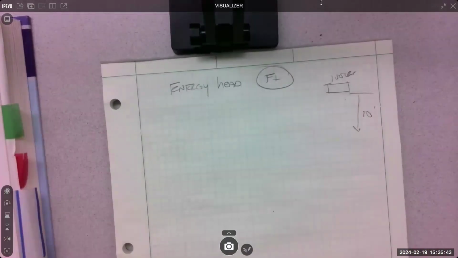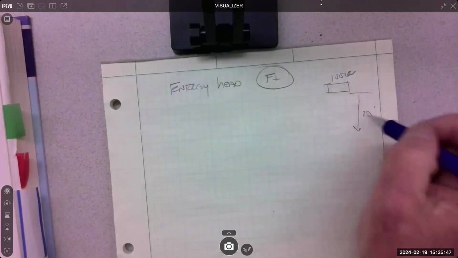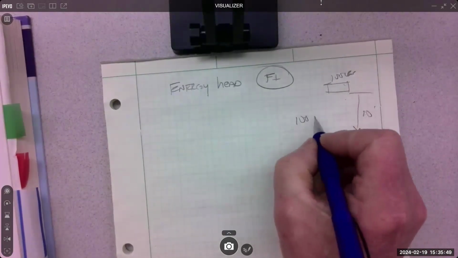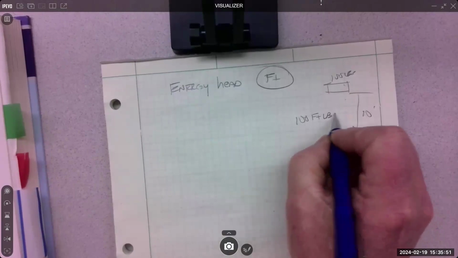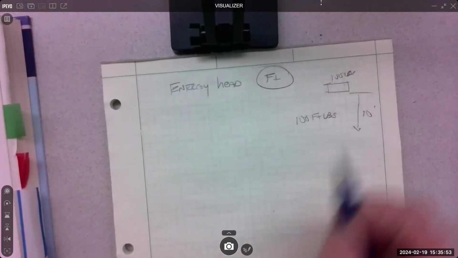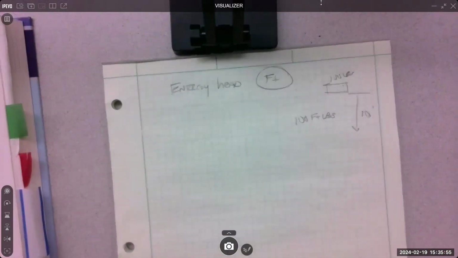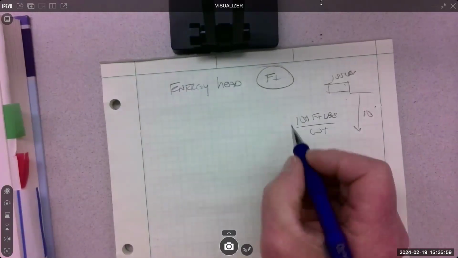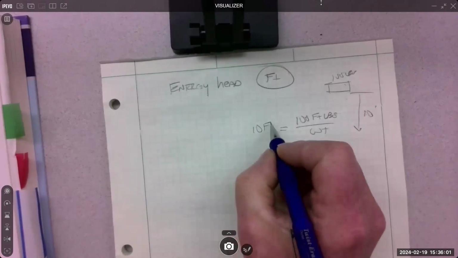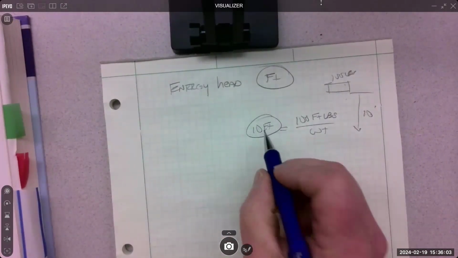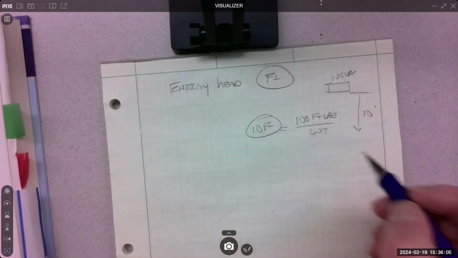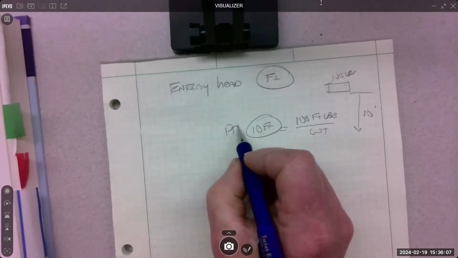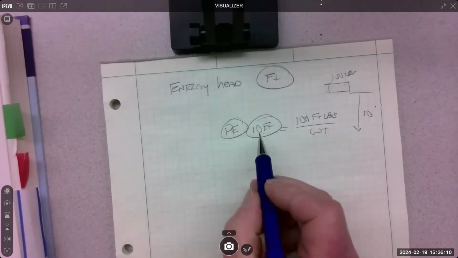The available energy is 100 times 10, or 1,000 foot-pounds. But if we get rid of the weight, what's the head? The head is 10 feet. So that's 10 feet of potential energy, in terms of feet.